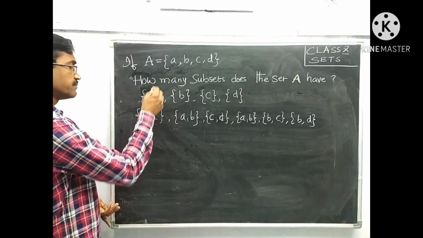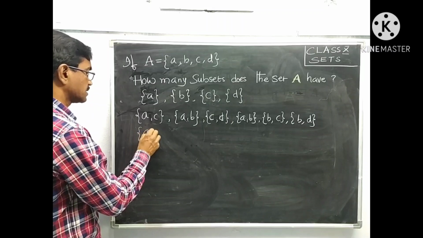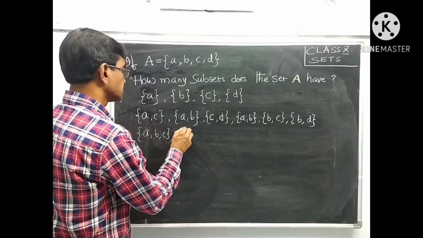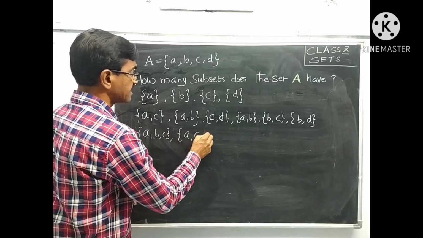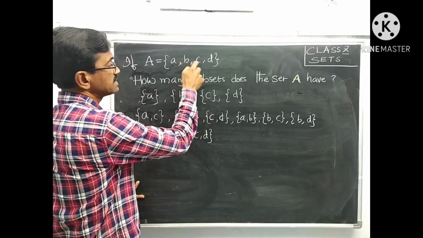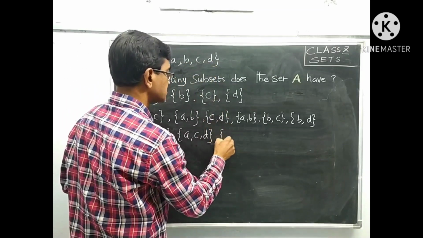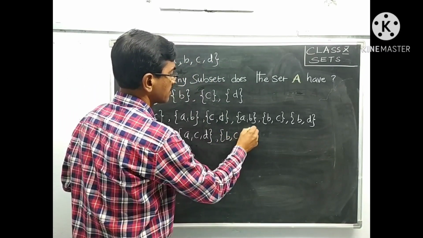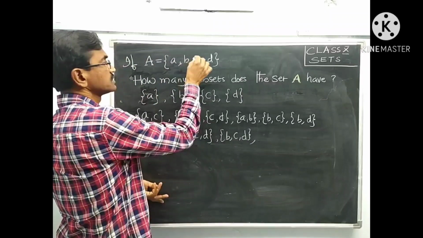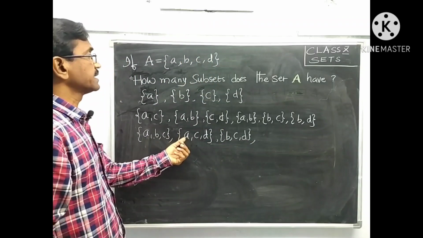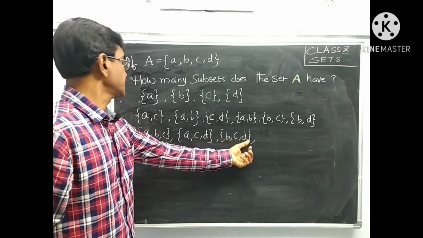Next, by taking three elements, ABC, one set, and ACD, another set, and BCD. Now, any other sets? ABC, ACD, BCD are over.